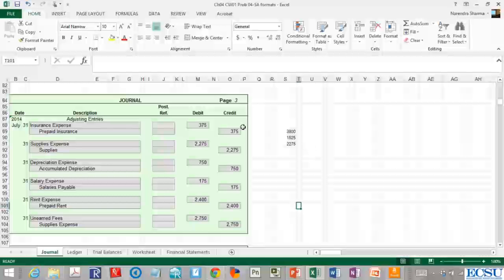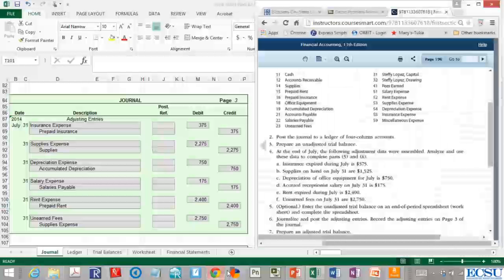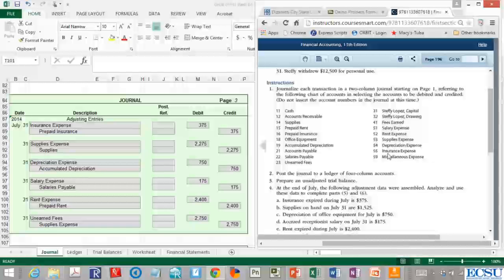Adjusting journal entry. Now what you have to do is, before we do anything, we'll have to go back and post these entries. Now the first thing is insurance expense. If we look at our question, we'll see insurance expense is 55 here.